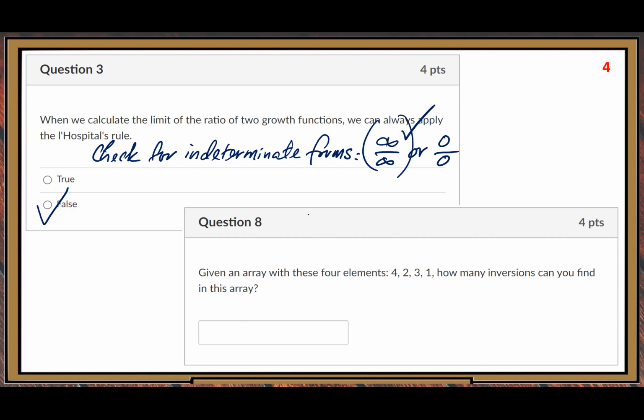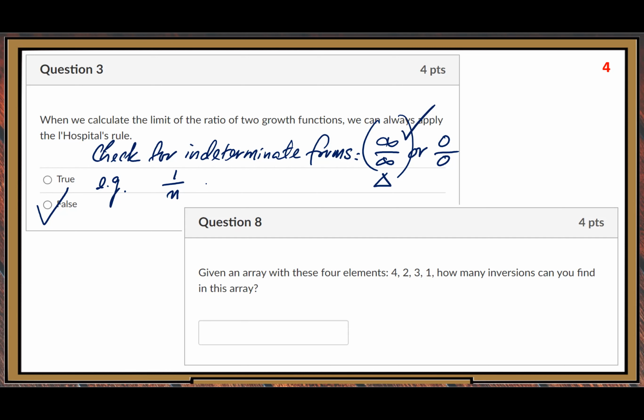And some students missed this condition. For example, 1 over n is not indeterminate form. The numerator does not go to infinity.